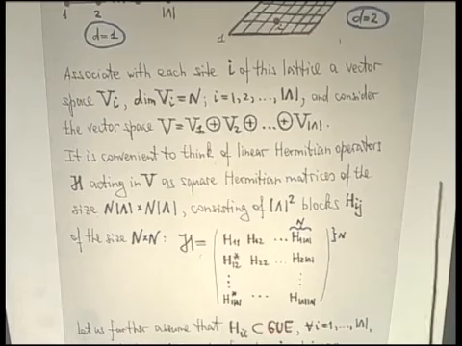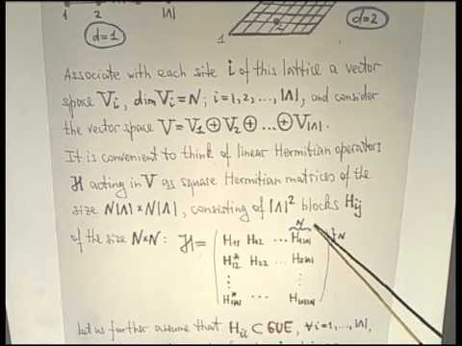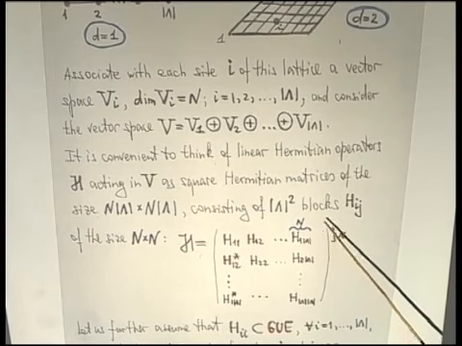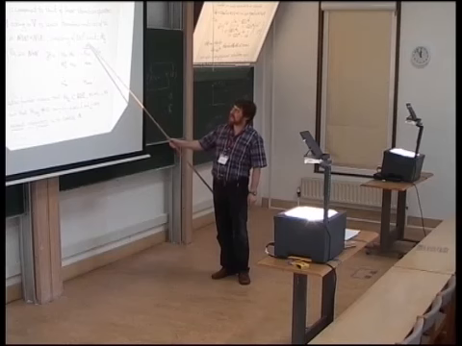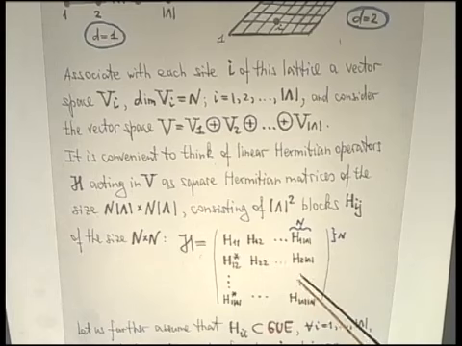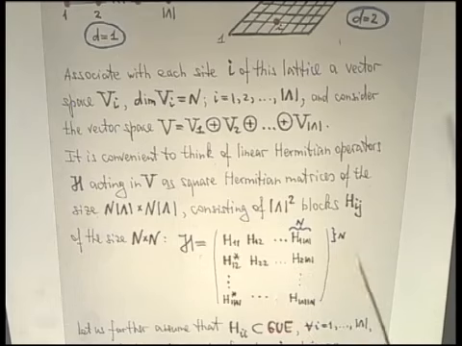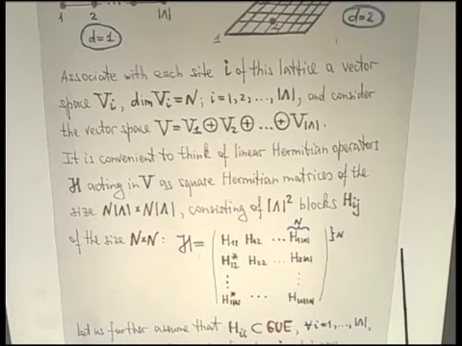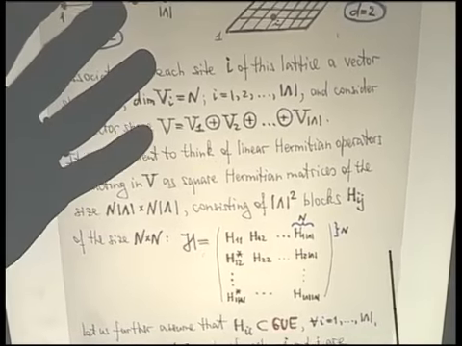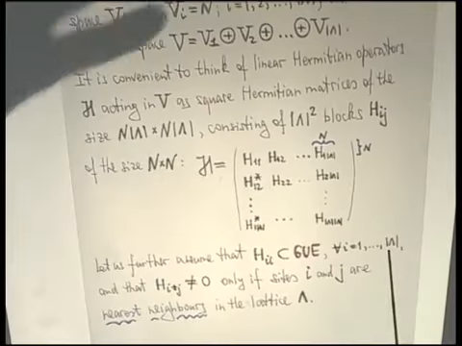So they will be written in a block structure, where each block is by itself a matrix of size N by N. Diagonal blocks are Hermitian matrices, and off-diagonal blocks are general matrices with complex entries.